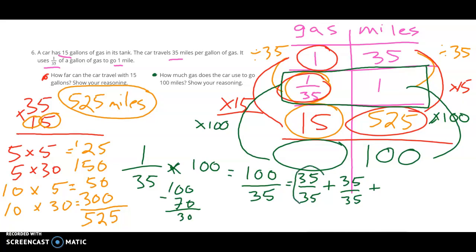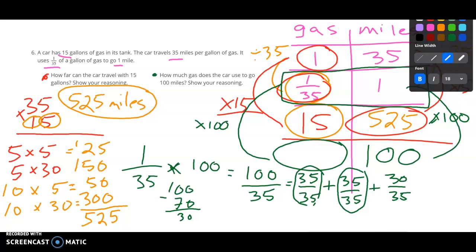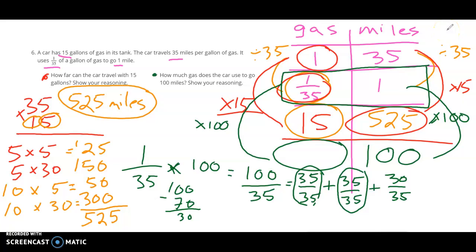So we have 35 35ths. We have another 35 35ths. And then after that, we have 30 35ths left. Remember that we know that 35 35ths is 1. 35 35ths is another 1. And we have 30 35ths left over. So we have 2 and 30 35ths.